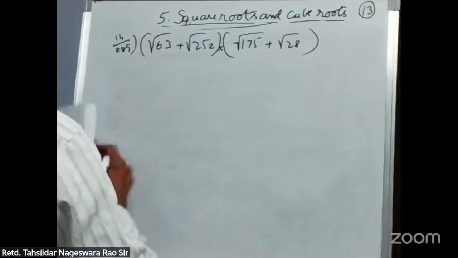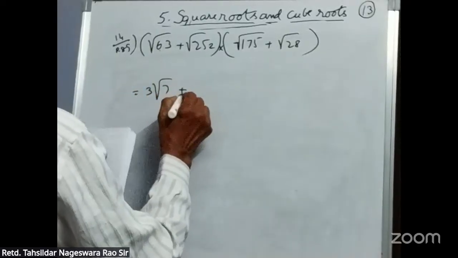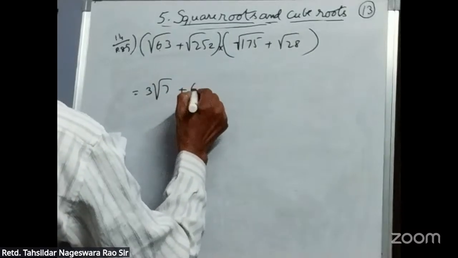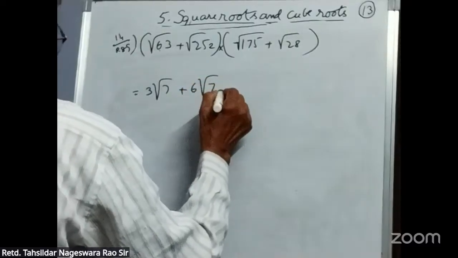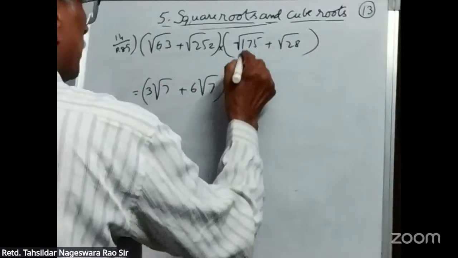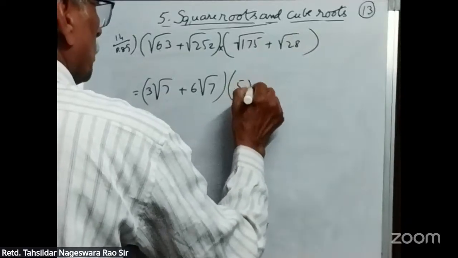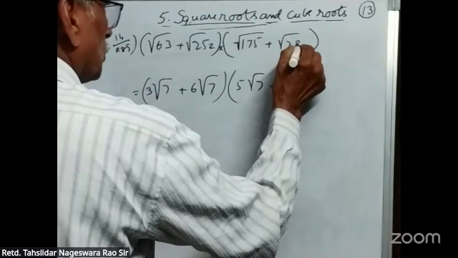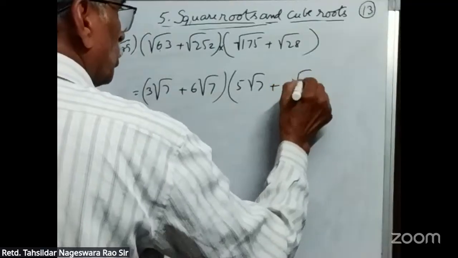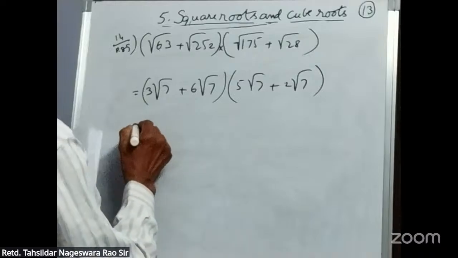If you eliminate some steps, 9 into 7, square root of 9 is 3, so 3 root 7. Square root of 252 is 36 into 7, so 6 root 7. 25 into 7 gives 5 root 7, plus 4 into 7 gives 2 root 7.